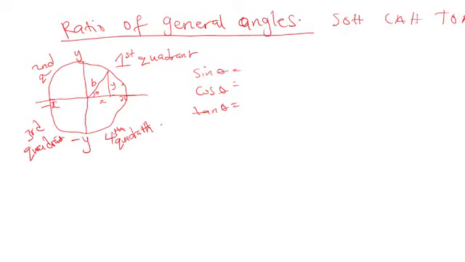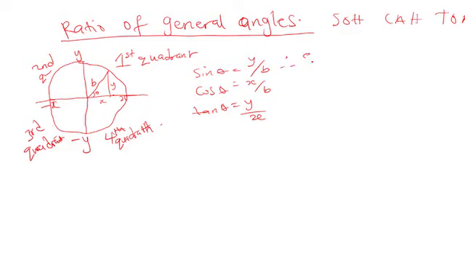Now the opposite is y over hypotenuse, b. For cos theta we have adjacent, which is x, over hypotenuse, which is also b. Then for tan theta we have opposite, which is y, all over adjacent, x. So from this point you discover that everything here is positive and there is no negative value.